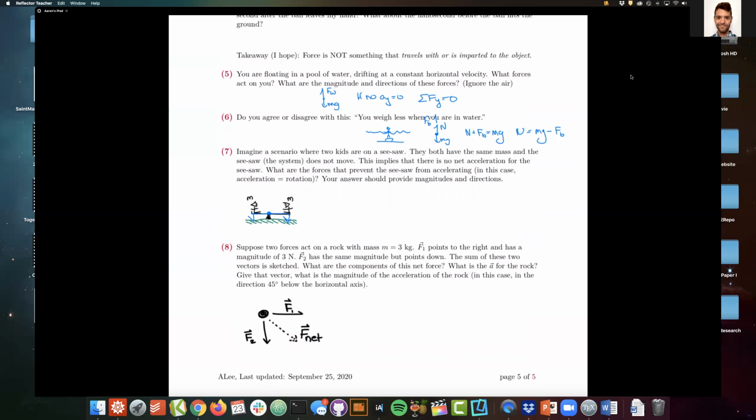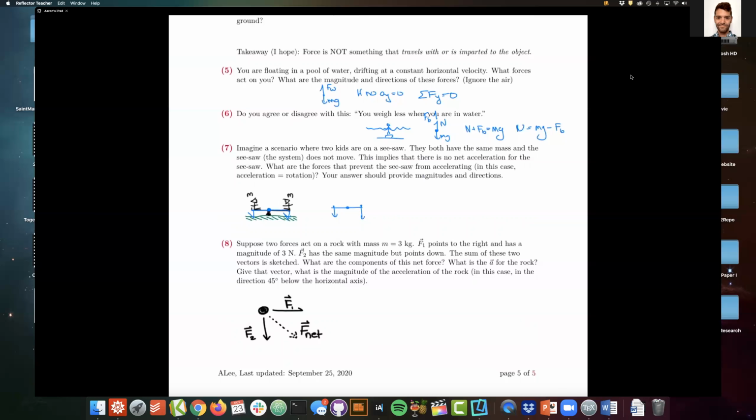In this case, since there is no rotation, you can also just think of it as an equilibrium of the forces. So the kid on the left is in contact with the seesaw. There's some force from the kid on the left and some force from the kid on the right, which is pushing down on the seesaw. And then the ground is pushing up on the seesaw because the seesaw is also in contact with the ground.